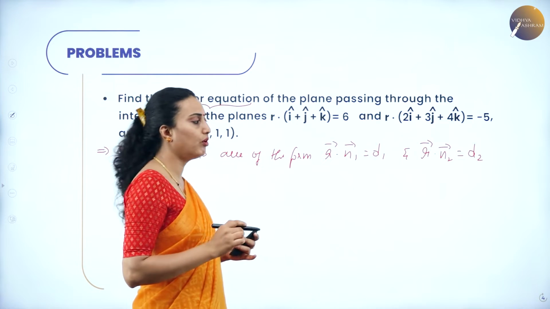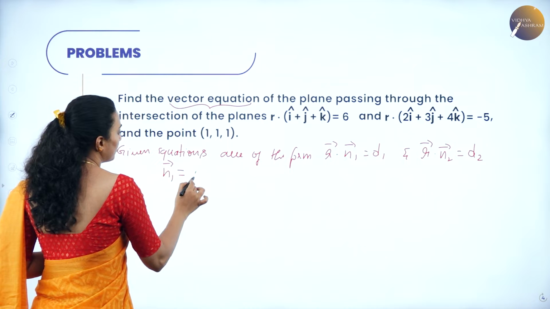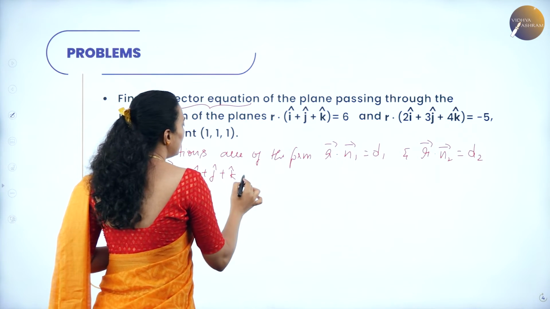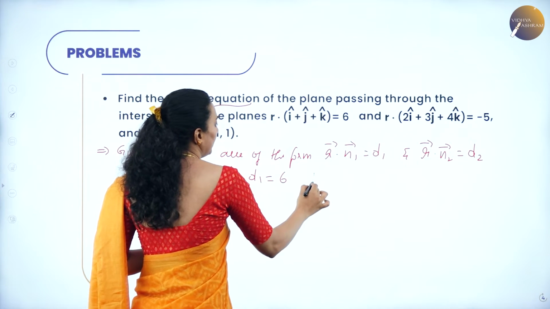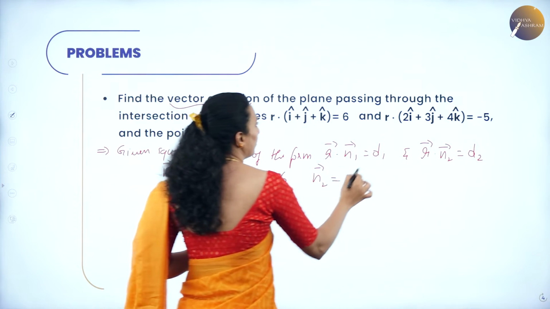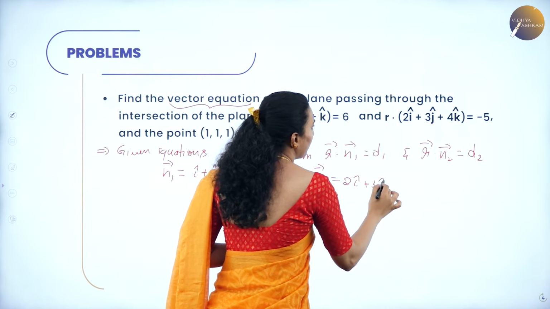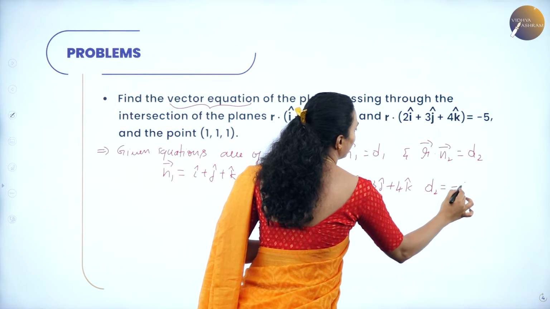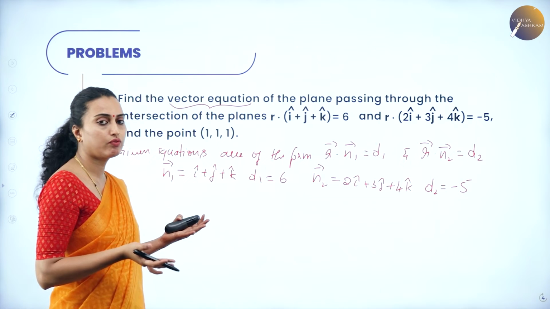So therefore, you know already n1 vector is i plus j plus k, the first equation, and then d1 is equal to 6. Similarly, n2 vector, from equation 2, is 2i plus 3j plus 4k and d2 is nothing but minus 5, right?